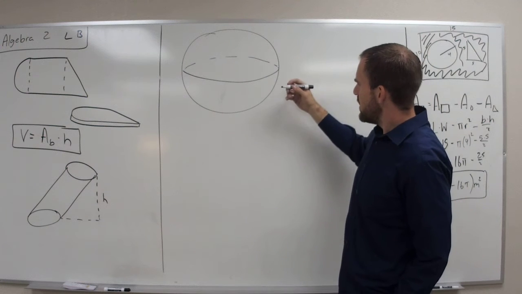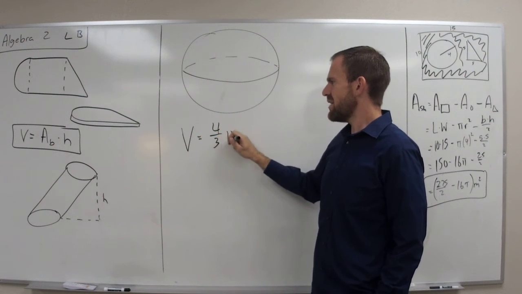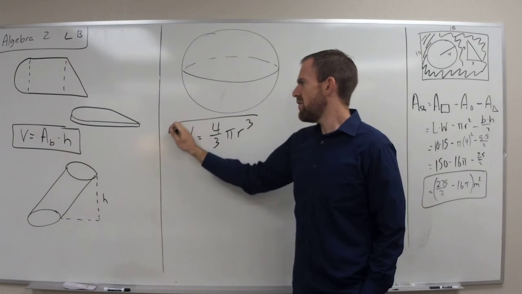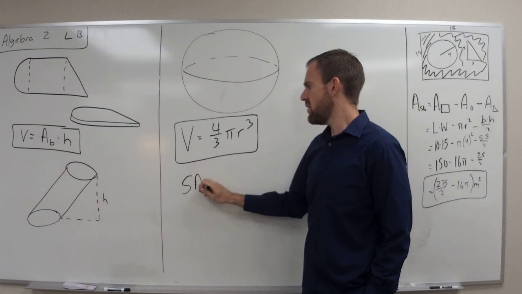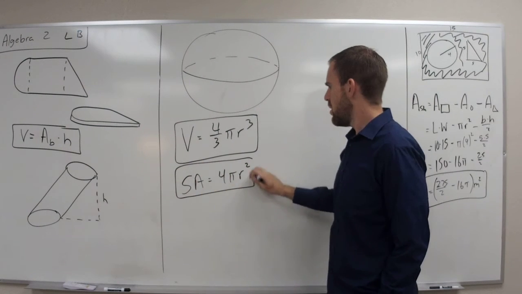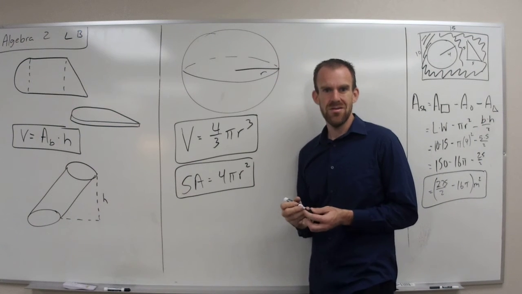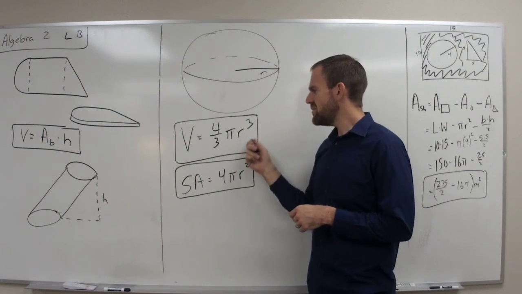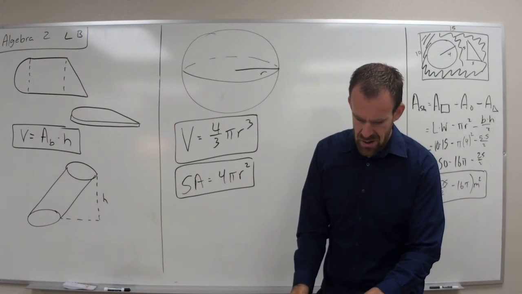The volume of a sphere, you just have to have these memorized by now. And if you don't, make note cards, memorize them now. 4/3 pi r cubed. The surface area of a sphere is 4 pi r squared. Where this is the radius. Gotta know those. Volume is always something cubed, area is always something squared. So that's how I remember it.